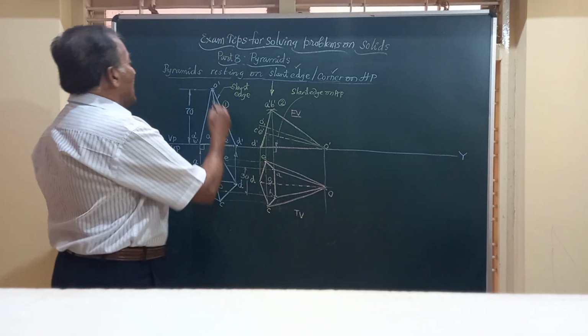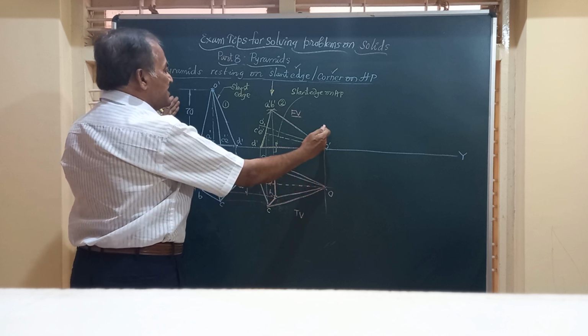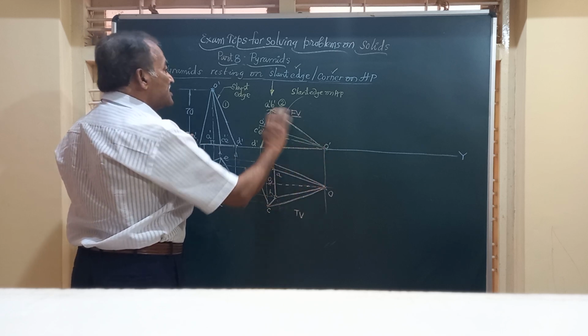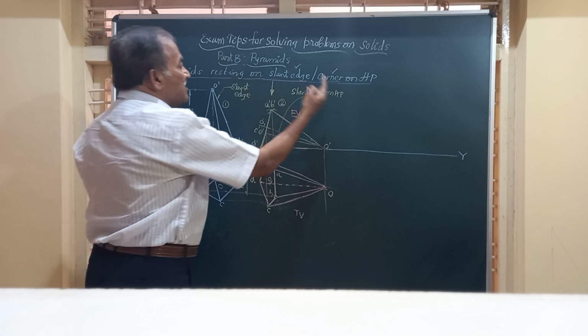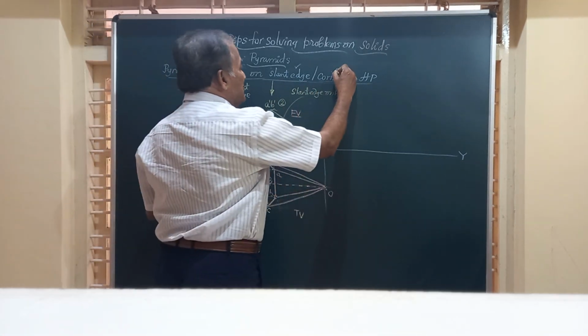Now friends, I have done pyramids resting on slant edge on HP till the second stage. Now, in the same question, if it were to rest on a corner on HP, I am dealing with this now.